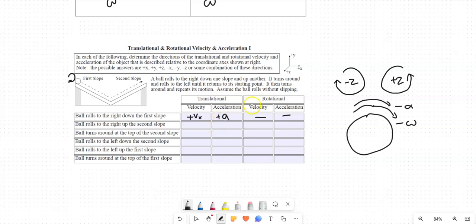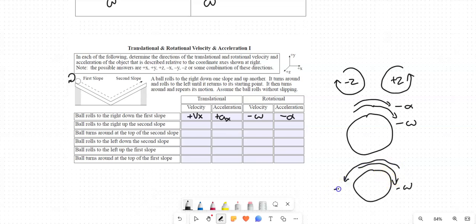So let me rewrite this. You're supposed to put negative omega, and this is negative alpha, and this is going to be positive vx. The velocity in the x direction is moving to the right, and there is a positive x direction acceleration because it's speeding up. Now, as it's rolling up the next slope, even though it'll still be turning in the negative omega direction, it'll be slowing down.